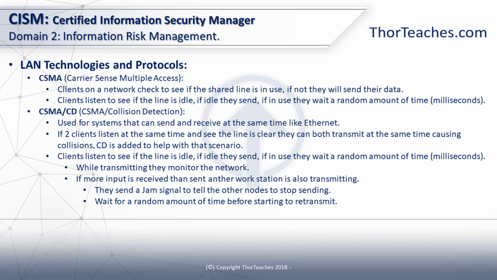Just like with plain CSMA, they listen, is it idle? Then they send. They wait with a random timer in milliseconds. But now, while they're transmitting, they also monitor the network. If someone else is sending as well, meaning more input is received than sent, they know another workstation is also transmitting. We will send a jam signal telling the other workstation to stop sending. Again, wait for a random amount of milliseconds and then start retransmitting.